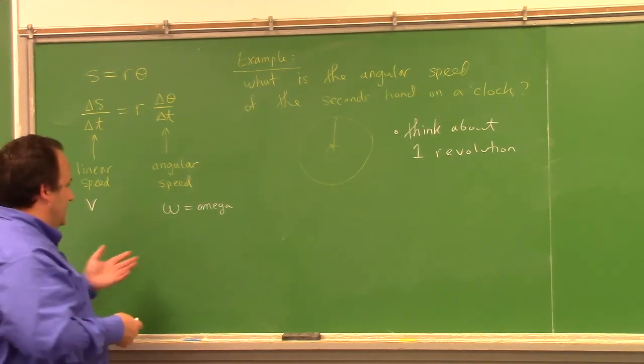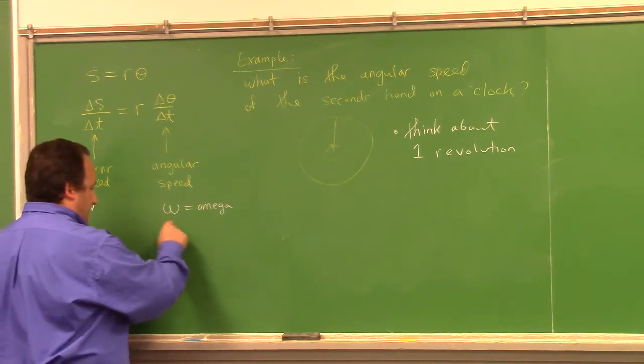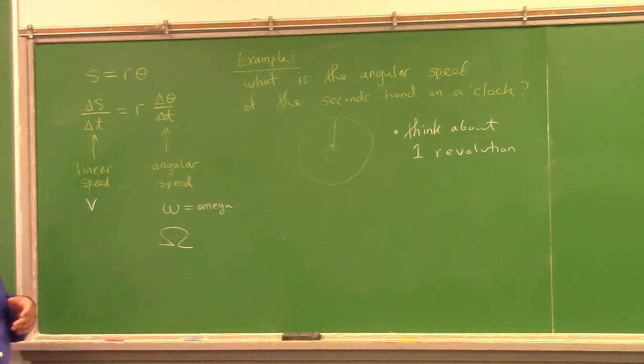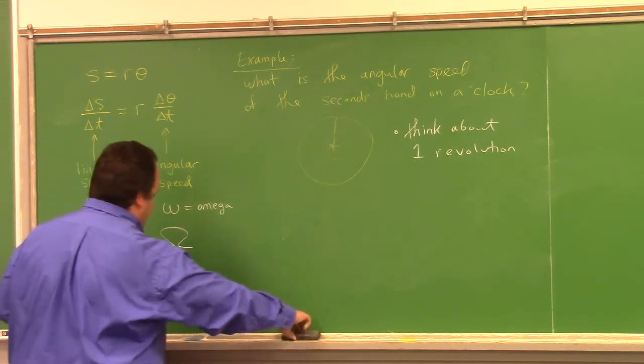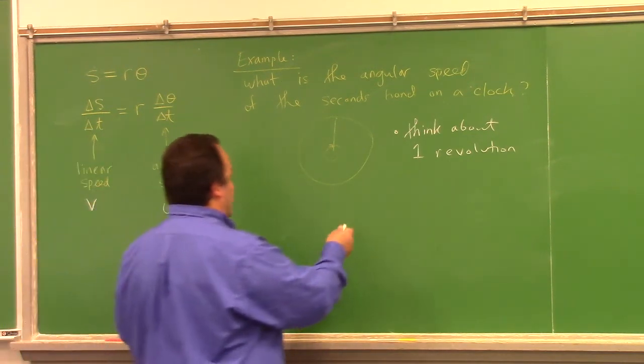This is lowercase omega. You may have seen capital omega, for ohms in physics. But lowercase omega is what we tend to use for angular speed. And the units for omega should be radians per second. That's one choice, those are natural units.